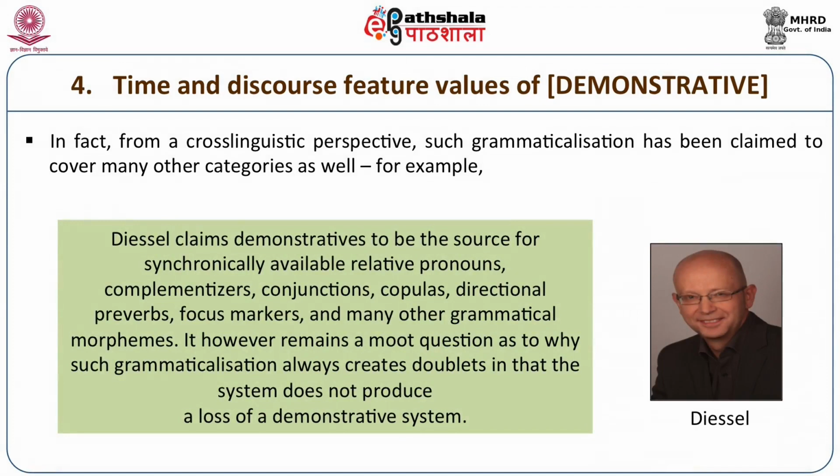Demonstratives are considered to be the source for synchronically available relative pronouns, for example English that, complementizers, for example English that, even conjunctions, copulas, directional preverbs, focus markers, and many other grammatical morphemes. This grammaticalization always creates doublets, such that an innovation does not produce the loss of a demonstrative system.